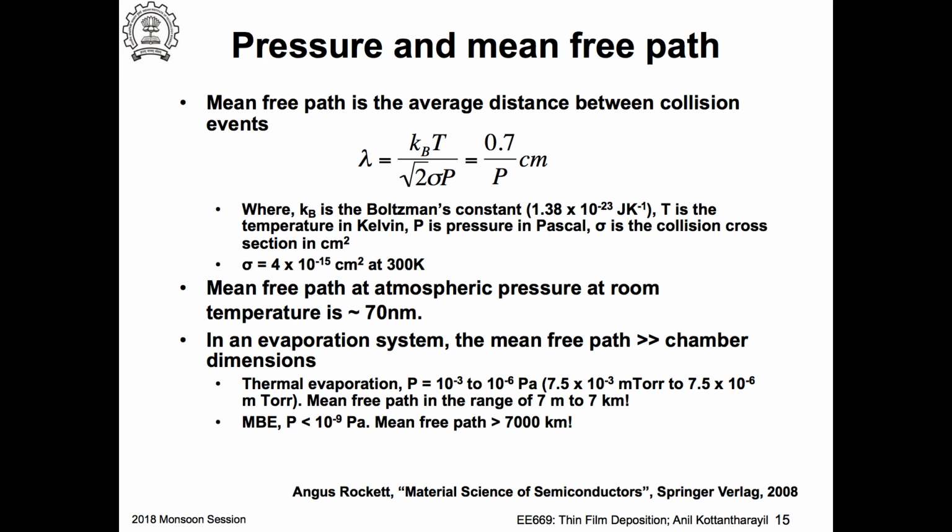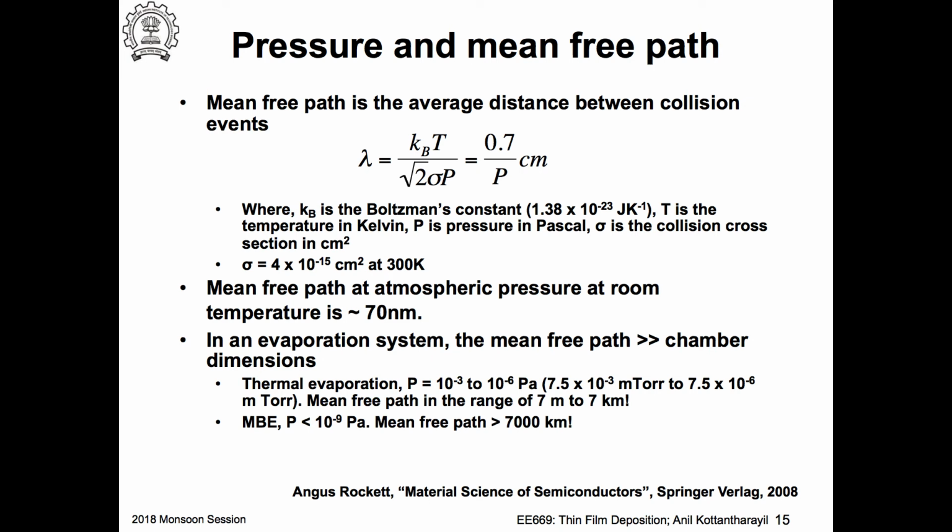So we'll just look at this equation, but more importantly, what are the typical values you find in vacuum systems used for semiconductor processing. So that is interesting for us. This is the mean free path, and you see these different parameters.